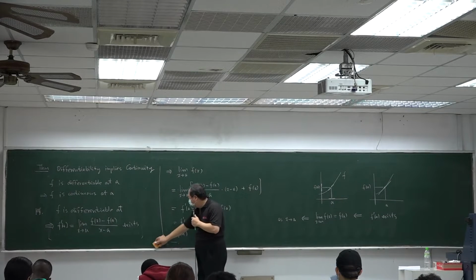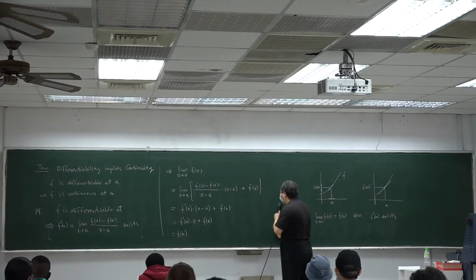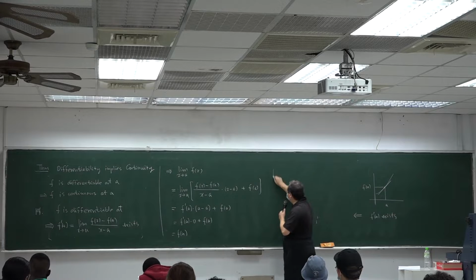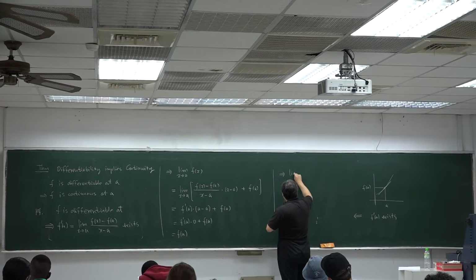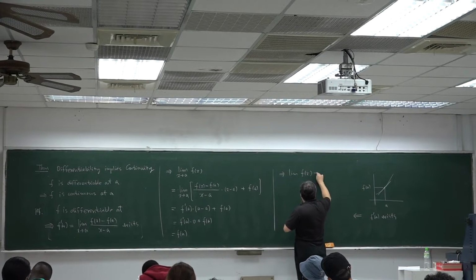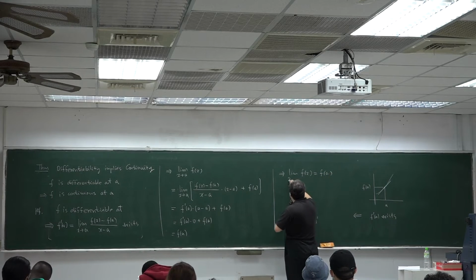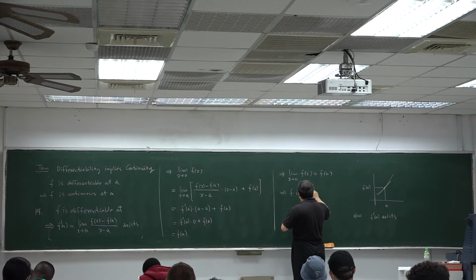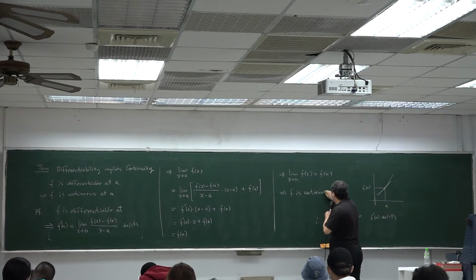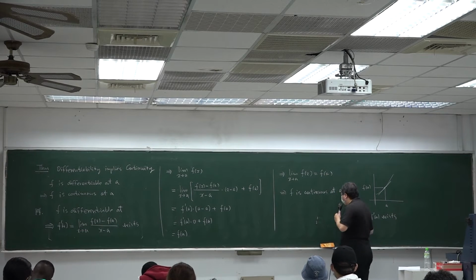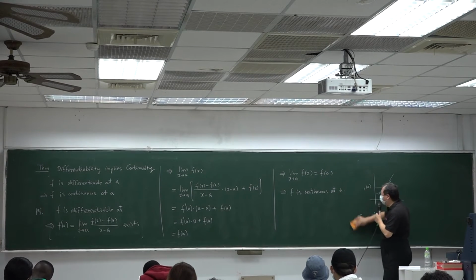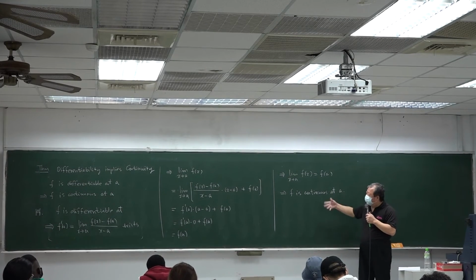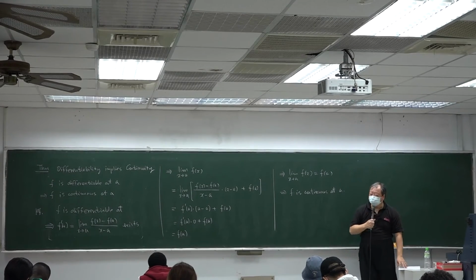So by the definition of continuity at some number, f is continuous at a. Okay, so some observations can be described in some expressions in math.